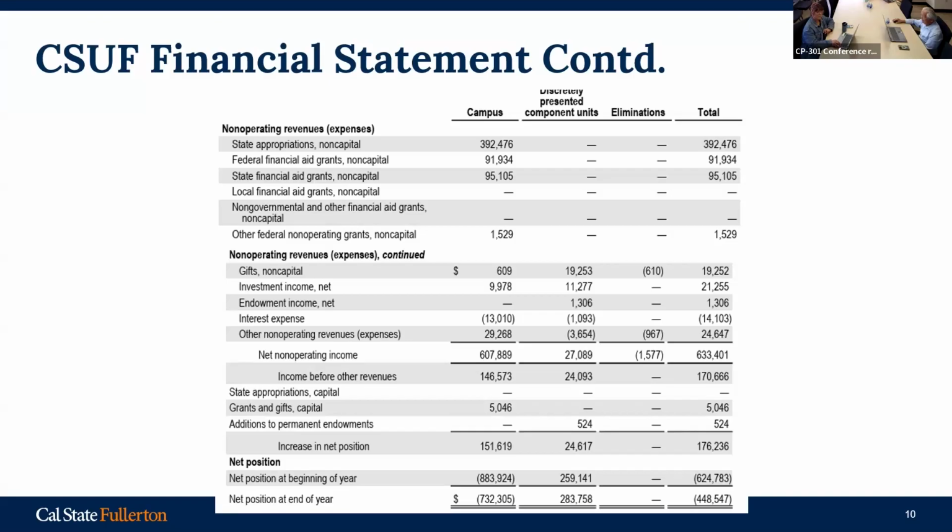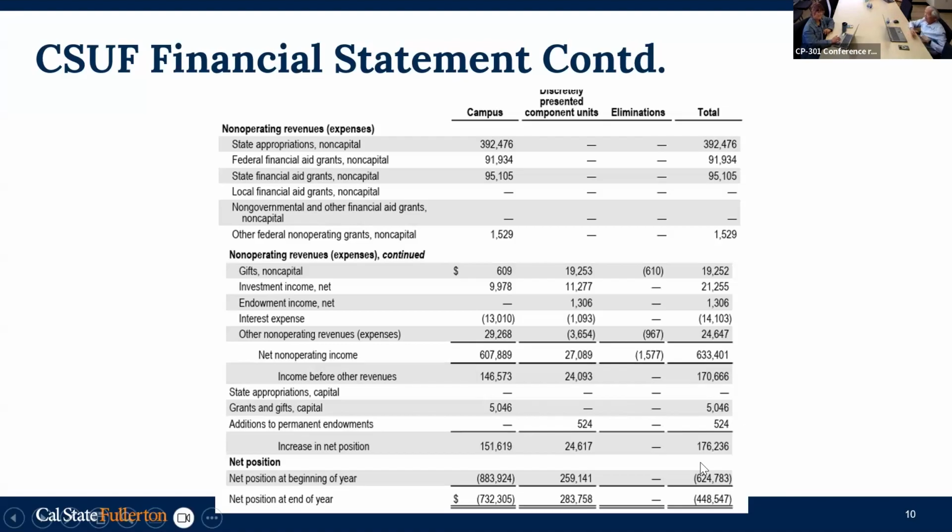But when we add the auxiliary component, we have a surplus here. So the net is about $500 million that we carry for 2024, 25, and so on and so forth. So this is the state of the financial status of the university.